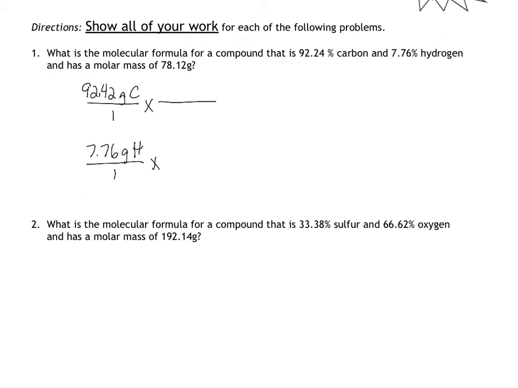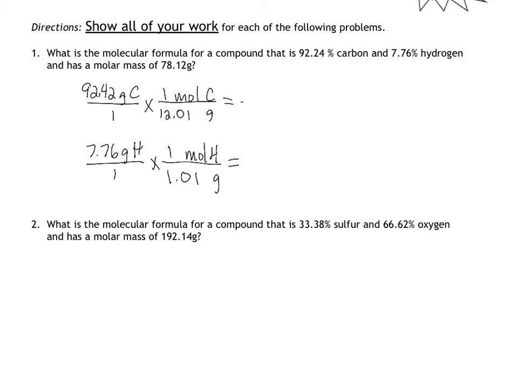So we got grams on the top, we'll need grams on the bottom. Carbon weighs, if you look at your periodic table, 12.01 in 1 mole of carbon. And hydrogen is 1.01 grams in 1 mole of hydrogen.